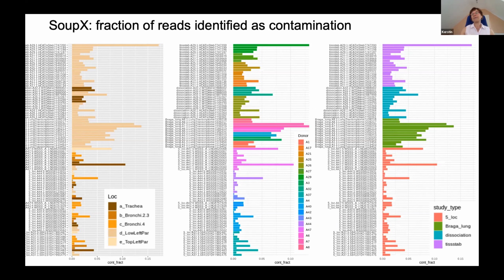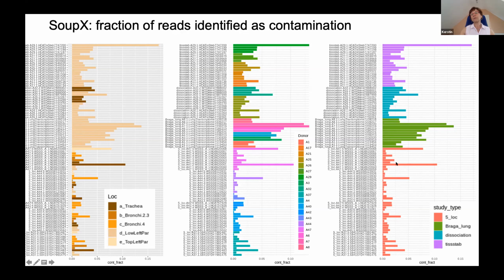This is now a representation of all the different studies. The first study in Nature Medicine still had quite a large amount of contamination, up to 12–15%. That got better in the subsequent studies, down to less than 5%. And in the most recent study, we are probably down to an average of 2.5% or so.